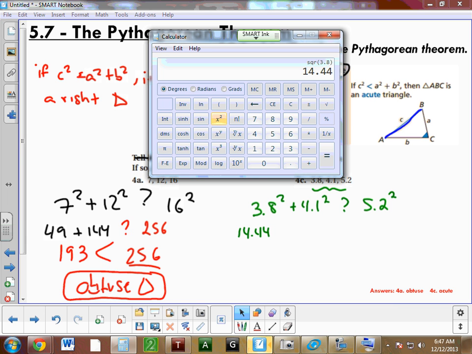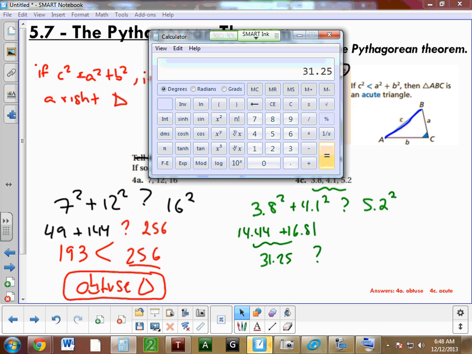And then I have to add that to 4.1 squared, which is 16.81. And if I add those together, I get 31.25.